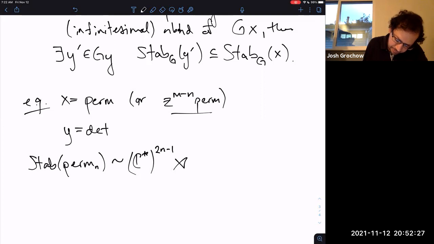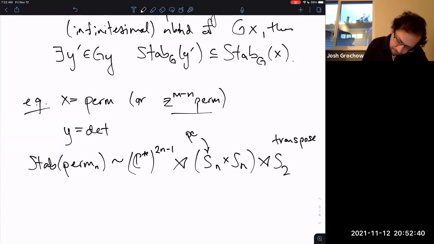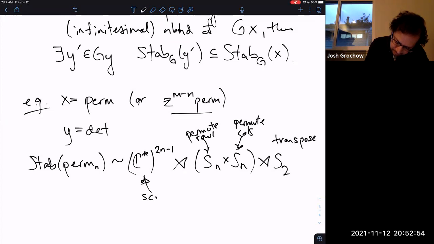And then you can also permute the rows, permute the columns, and you can take transpose. This is permute rows. This is permute columns. And this is scale rows and columns.